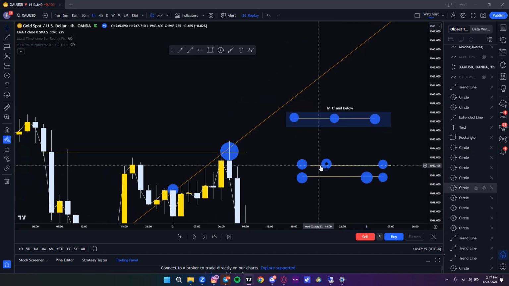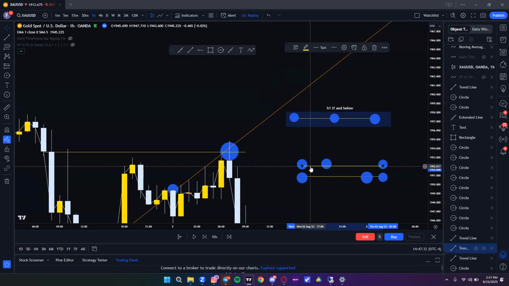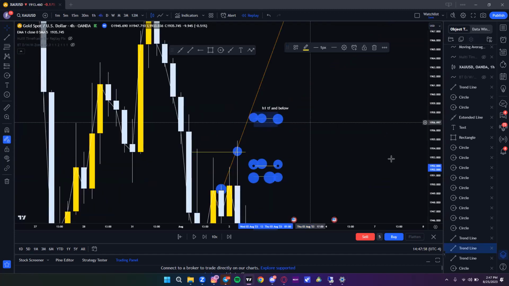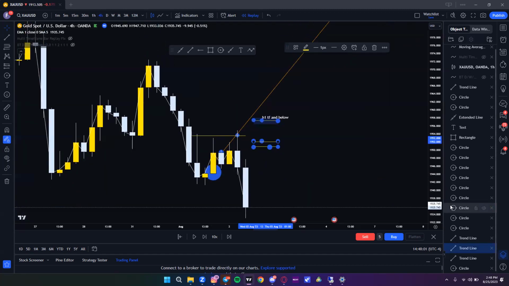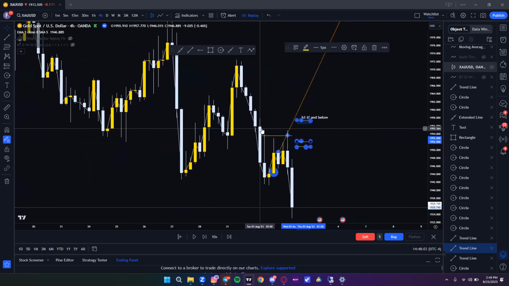So for H4 and above, H1, daily, weekly, monthly, your spacing can be a little bit uneven. There can be disparity between the spaces. So A and B and C doesn't need to be equal, because when you use higher time frames, there's actually a lot of space between the swing points.